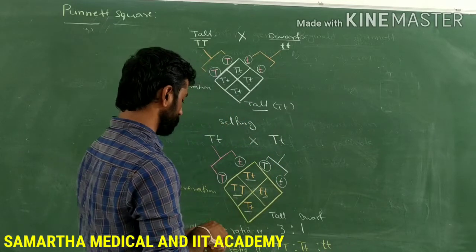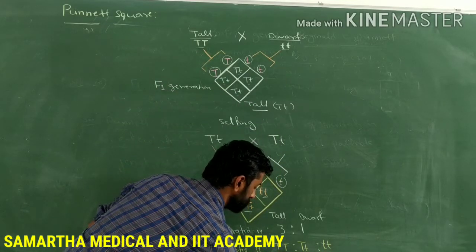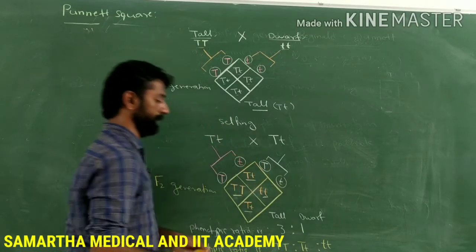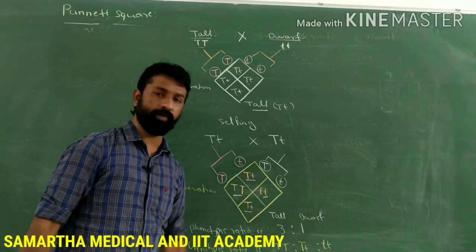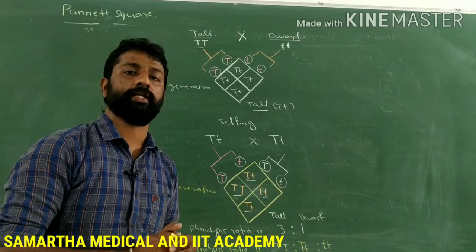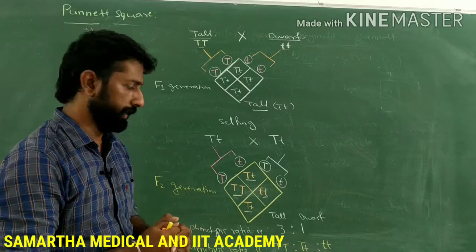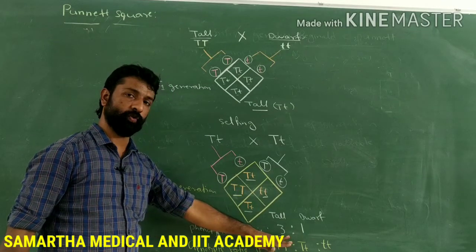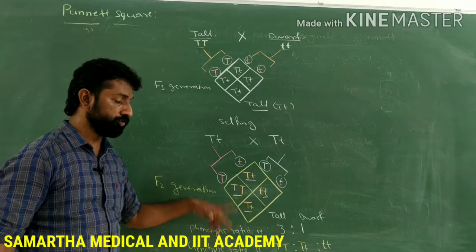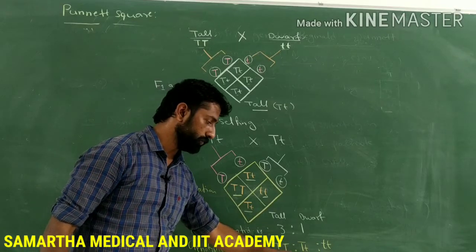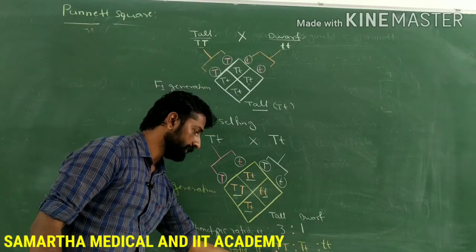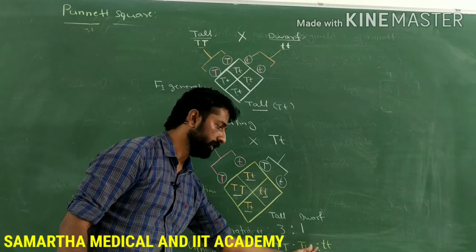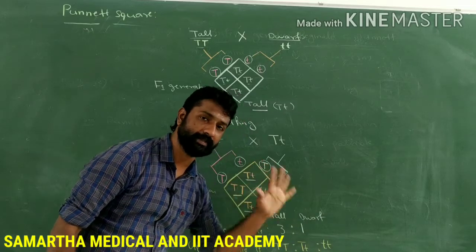So the genotypic ratio is 1:2:1. Remember, these ratios are very important for PU examination as well as competitive examinations like CET and NEET. What is the phenotypic ratio of monohybrid cross? 3:1. What is the genotypic ratio of monohybrid cross? 1:2:1. Among that, 1 is homozygous dominant, 2 are heterozygous dominant and 1 is homozygous recessive.